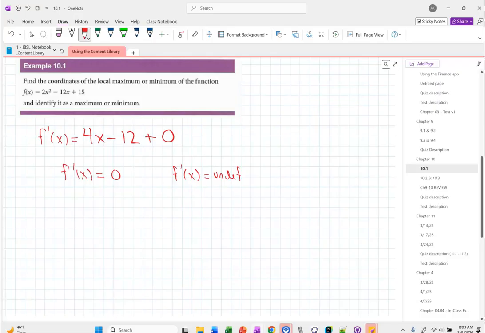Now in this class, if you're doing the derivative yourself, there aren't any places where the derivative is going to be undefined that were not part of the domain already. No, that's a lie. There might be one situation you can think of. But here, is there any place where I plug in x and I don't get a number that comes out of this, 4x minus 12?